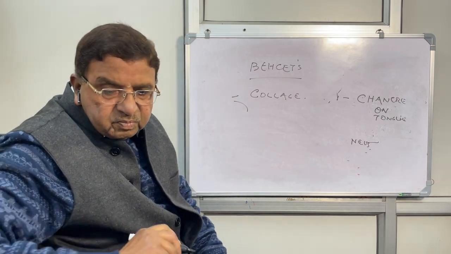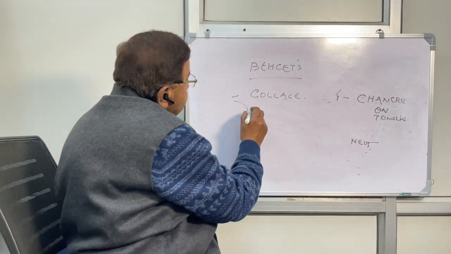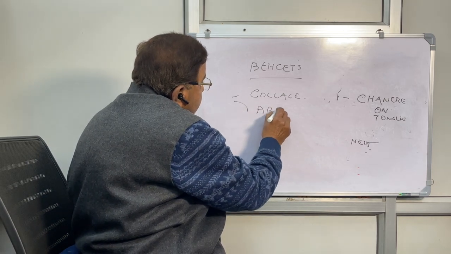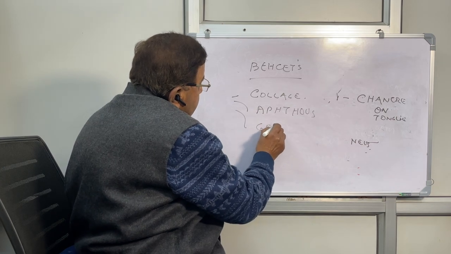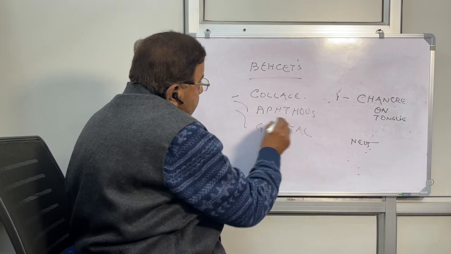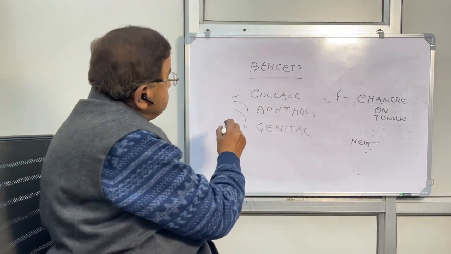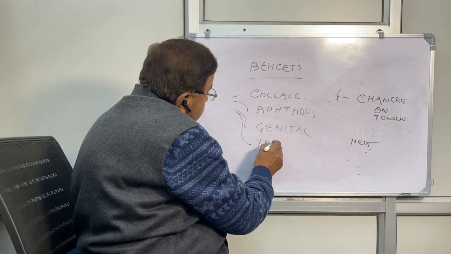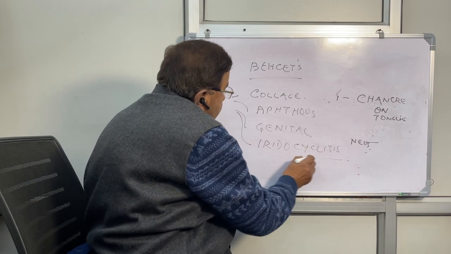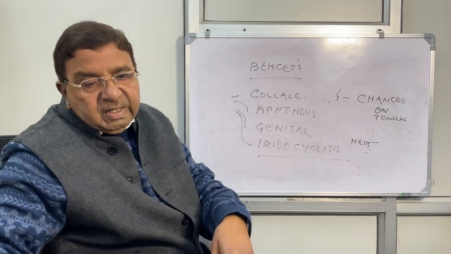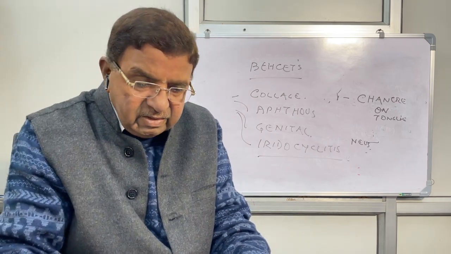Then there is aphthous ulceration, genital ulcerations, and iridocyclitis. Iridocyclitis means involvement of the iris of the eye. Inflammation of the iris of the eye is known as iridocyclitis.